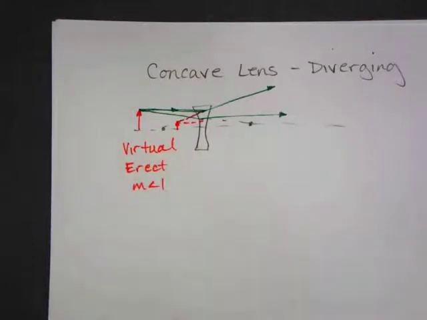So virtual, erect, magnification less than 1. And if you think about this, if I'm standing over here and I look through the lens, what do I see? This is the object. I see the image.